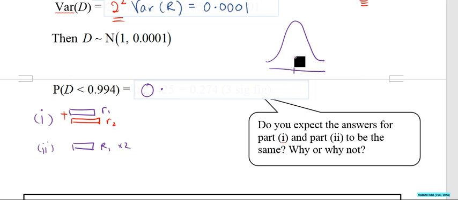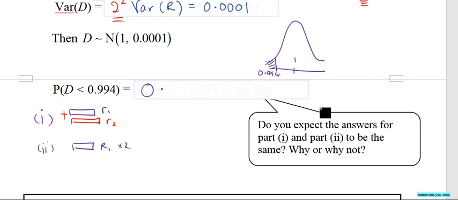Your mean is 1. You want to find the probability that D is less than 0.994. Now, at 1, the area is 0.5, and your 0.994 is here. So you're going to find this area. You'll never get 0.8. You will get something less than 0.5.